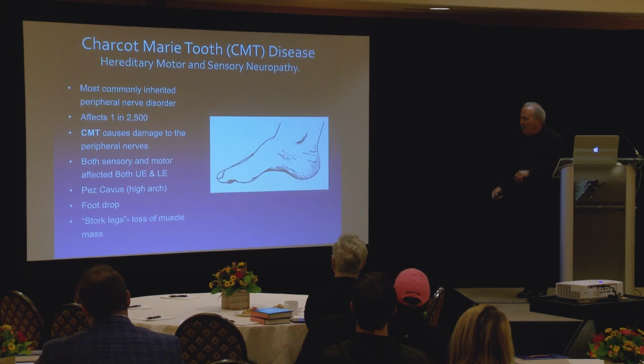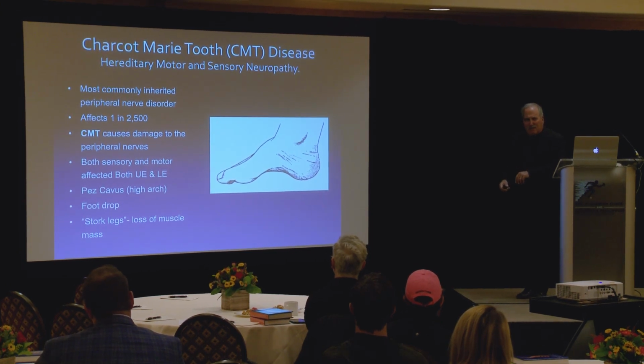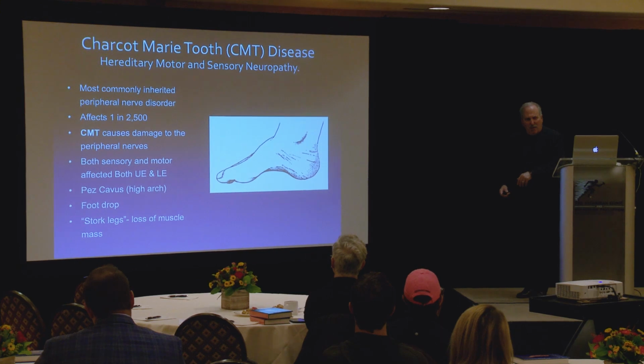So Charcot-Marie Tooth, real quickly, somebody comes into your office, they have foot drop. You look and their feet are cavus, meaning they have big high arches, and they look like they have stork legs, so their calves are not really big. Typically, this is going to be Charcot-Marie Tooth.